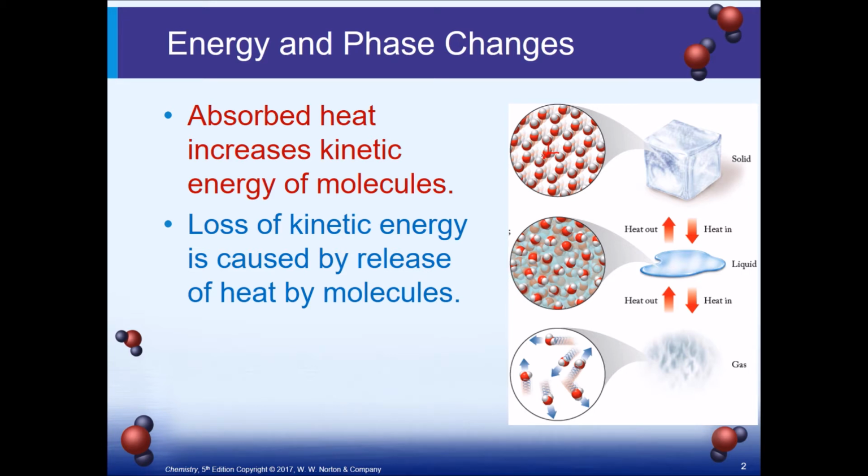When we add heat to solid ice, if it's at the melting point, the energy goes into breaking up these interactions, which then allows the molecules to move about freely. So to do this, we have to put heat into the system.